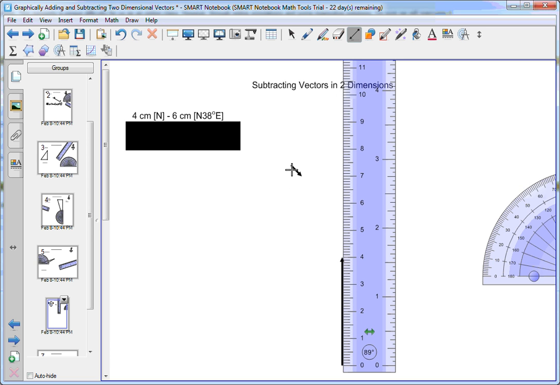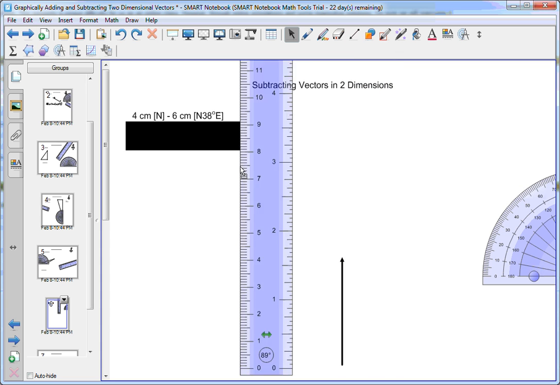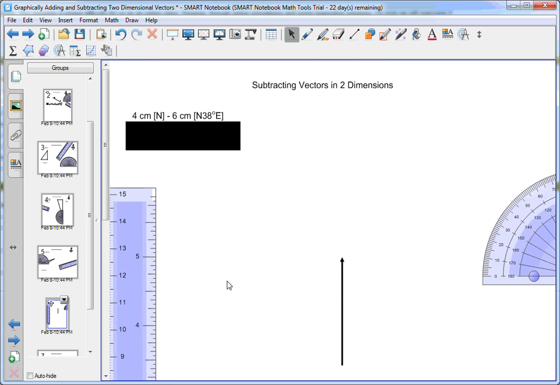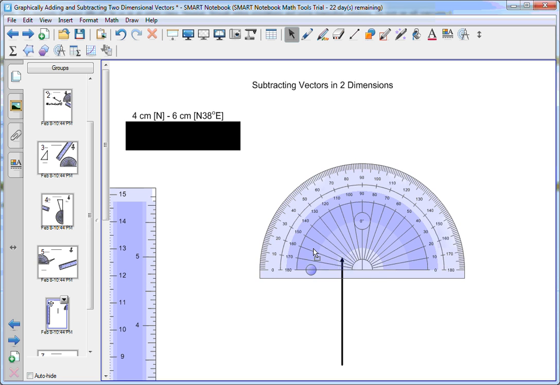And once we have that vector in there, put our ruler out of the way, and we bring in the protractor.